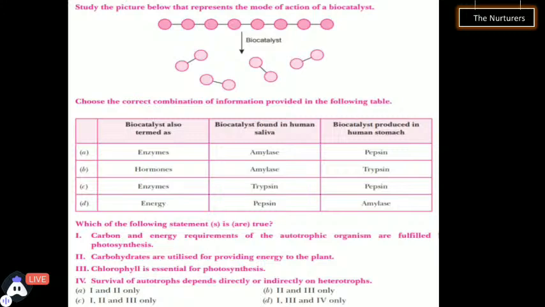So you have to choose the correct combination of the information provided. You can see a table. A table is telling about the biocatalyst, also termed as biocatalyst found in human saliva, biocatalyst found in the human stomach. Out of these, which is the correct answer?